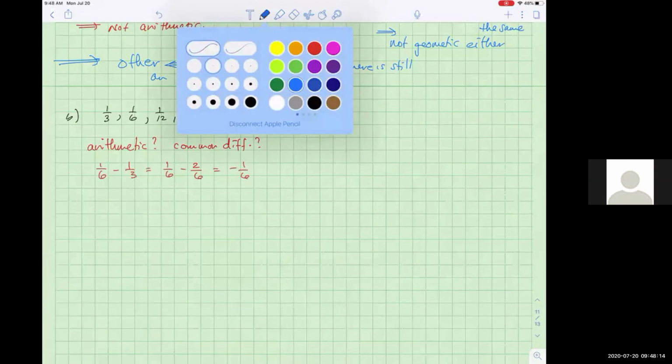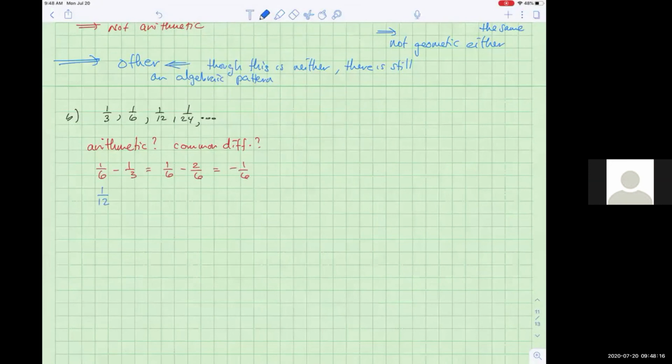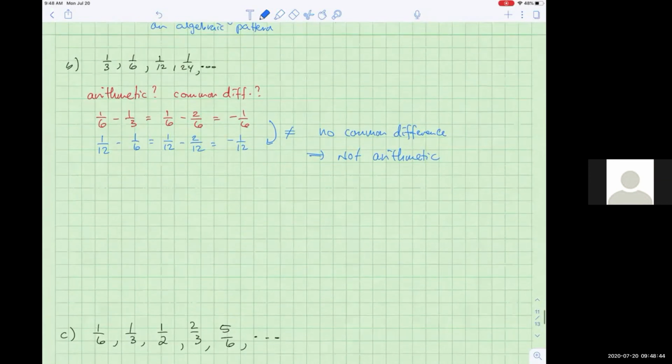Then subtracting the next consecutive terms, 1/12 minus 1/6 is equal to 1 over 12 minus 2 over 12, which is negative 1/12. And these are not the same, so there is no common difference. So it is not arithmetic.